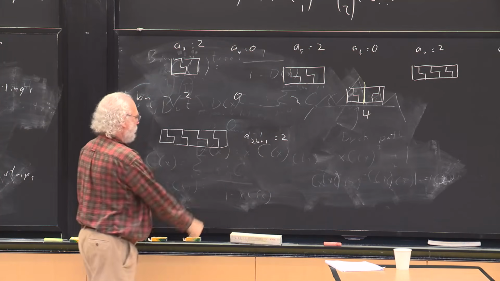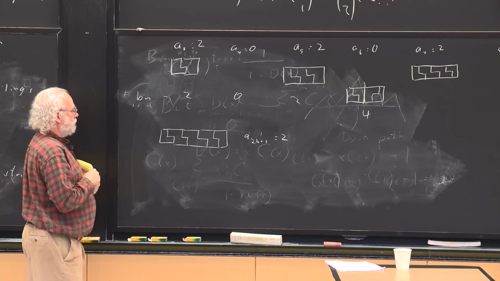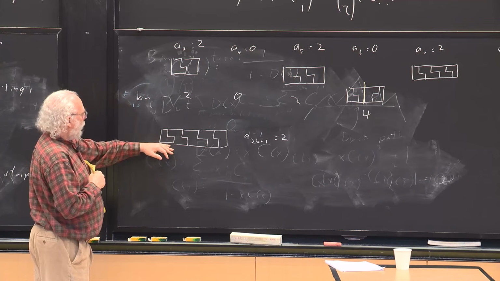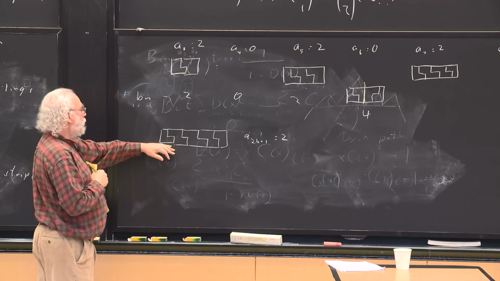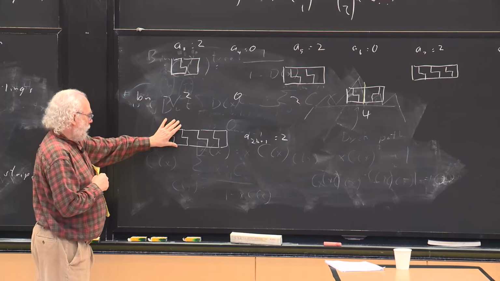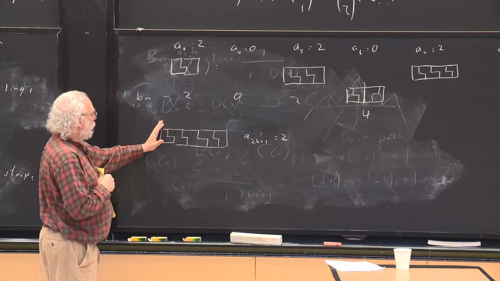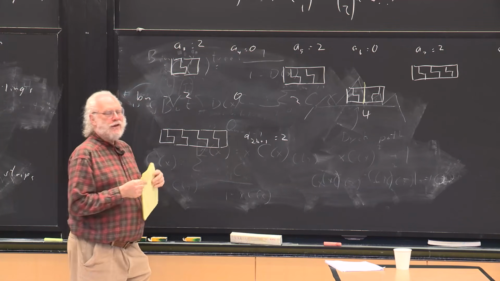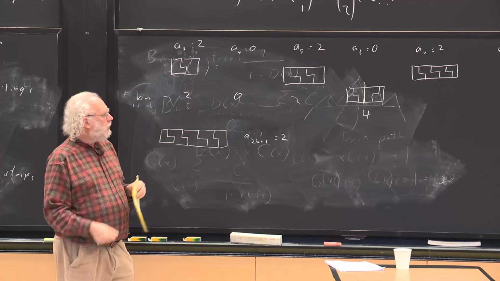So the odd A's are 2: there are two ways of giving a fundamental tile for odd numbers and 0 for even numbers.